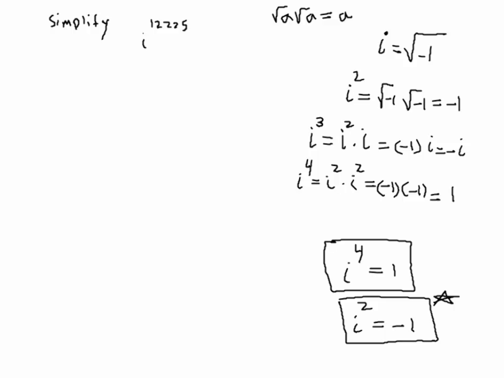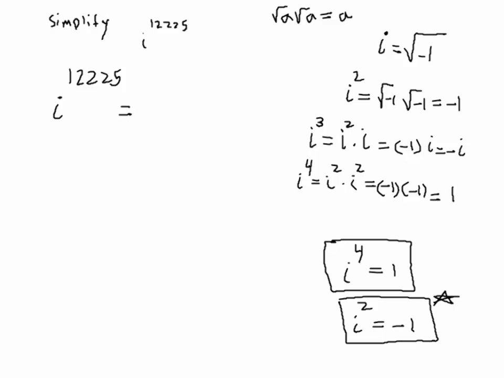So in order to see what i to the power of this large number is, you have i to the power of 12,225. What you can do is divide 4 into this large number.